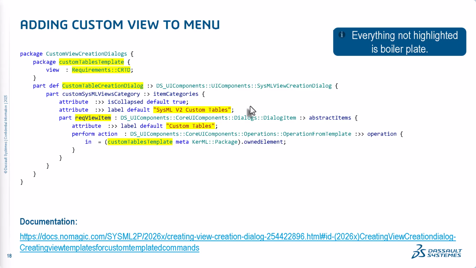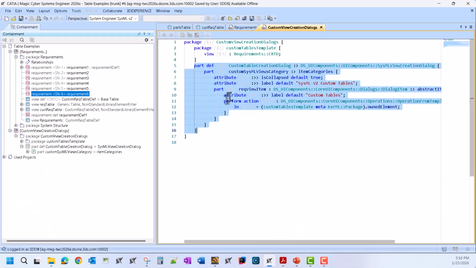Now I have one more cool feature to show, and that is adding the custom view to the menu. Okay, we'll come back to this after we actually build out the model. So let's get out of the slideshow and actually open up this model.